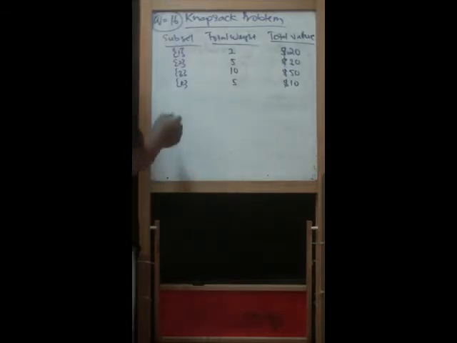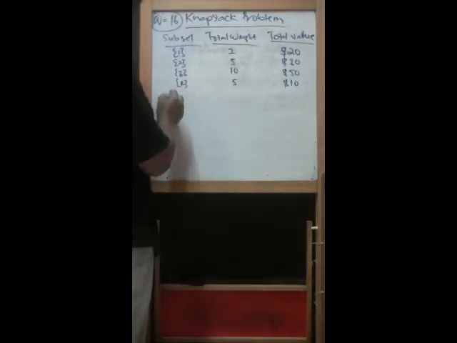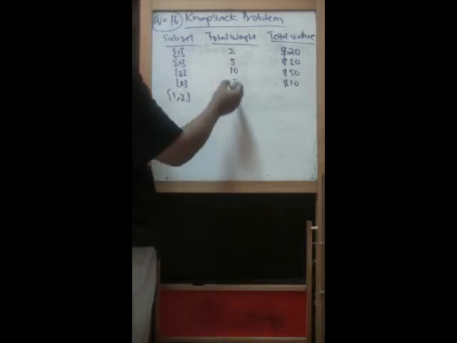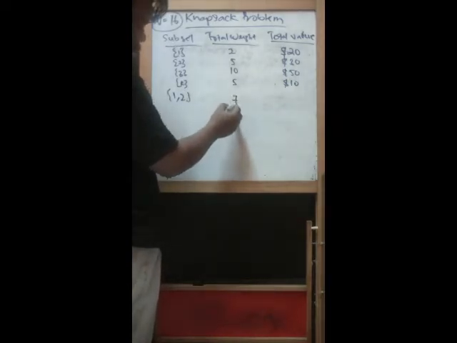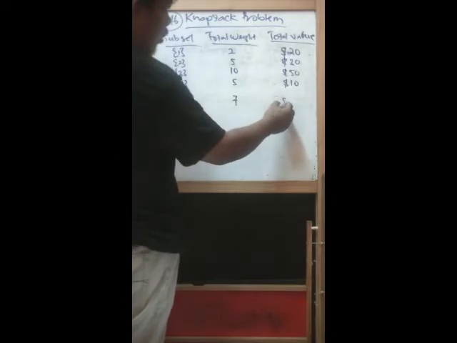Okay, now we have these sets, still within the weight, but now we try to establish other subsets, the combination of sets 1 and 2. Okay, 1 and 2 is 7, still within the capacity. The total amount is 50 ringgit.